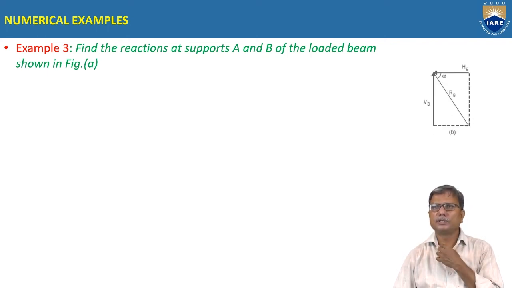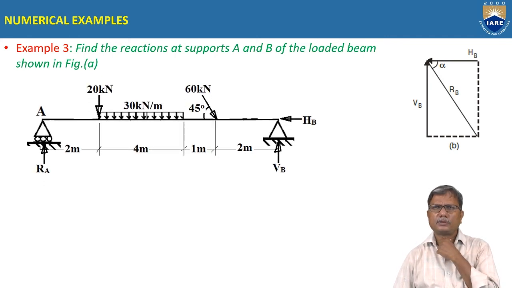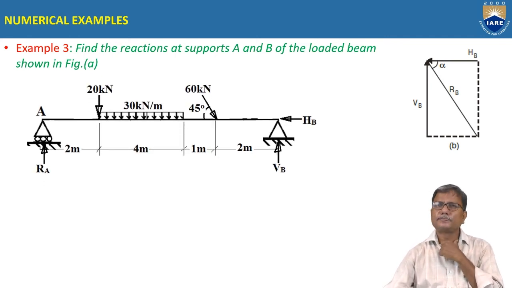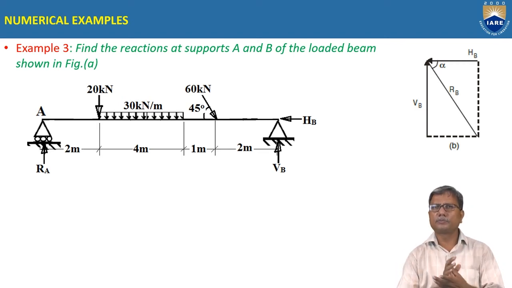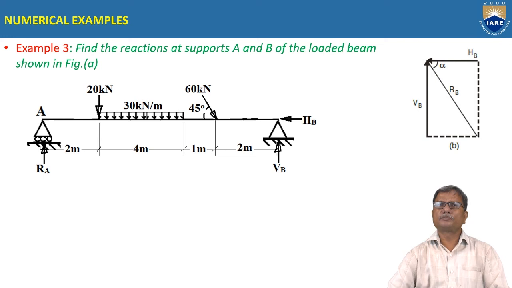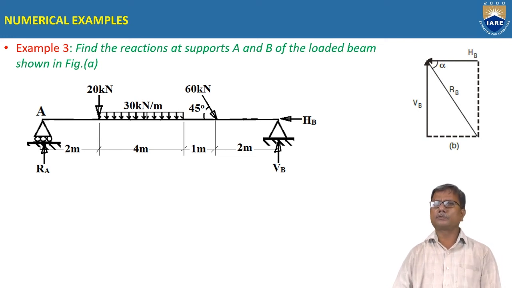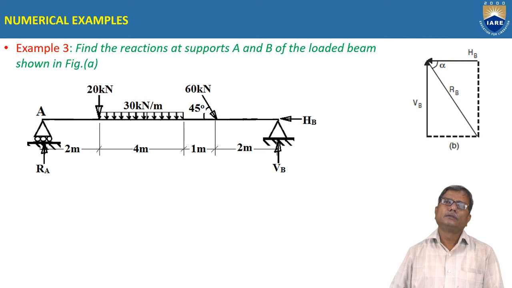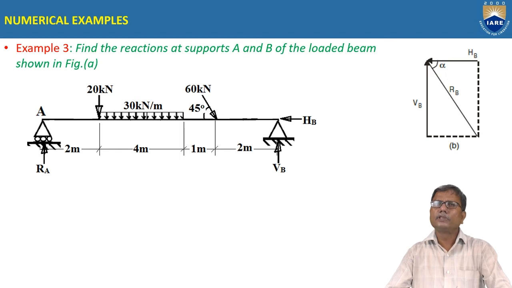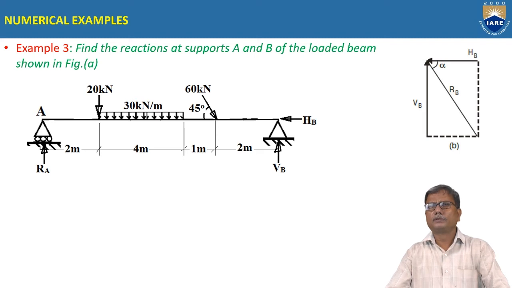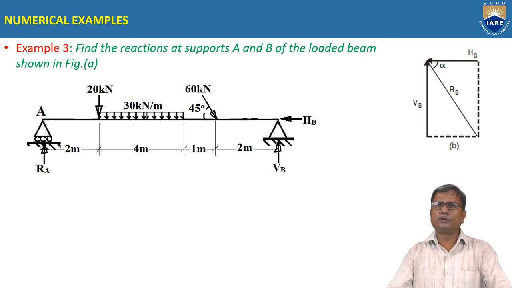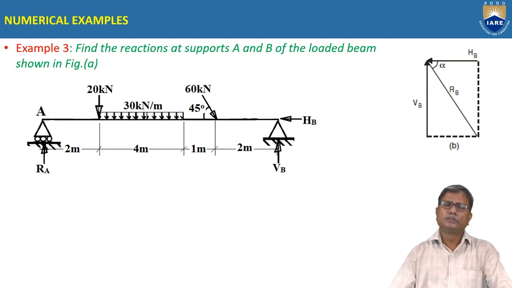Let us see one more example here. What is the difference? This is also a simply supported beam with roller support at A and hinge support at B. What is the difference between the previous problems and this problem? In this problem, we have distributed load along with concentrated loads. We have a uniformly distributed load, which is represented as a rectangle here.